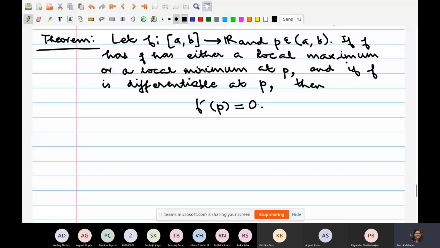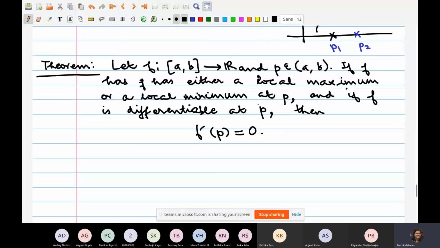So if f has a local extremum at an interior point, then assuming that f is differentiable at that point, the derivative has no choice but to vanish at that point. So what does it mean to say that the derivative is vanishing?